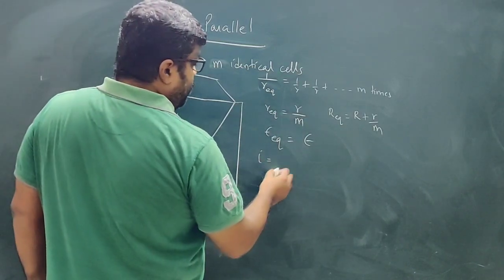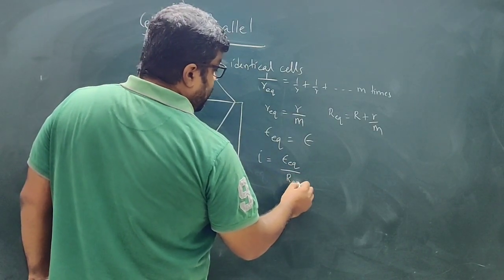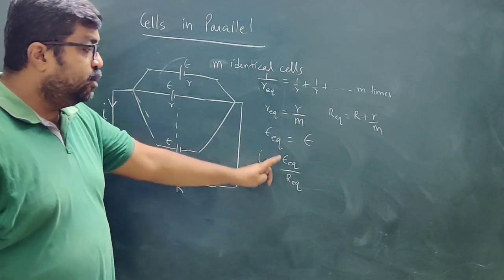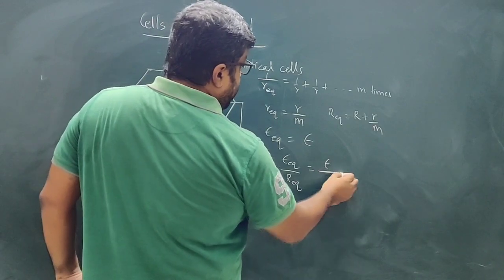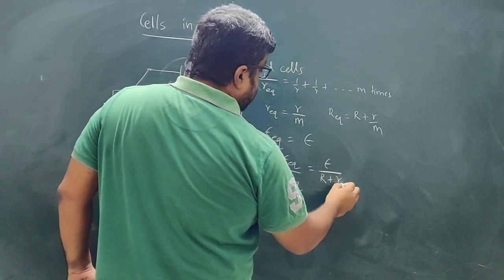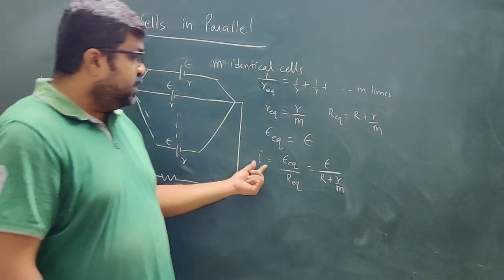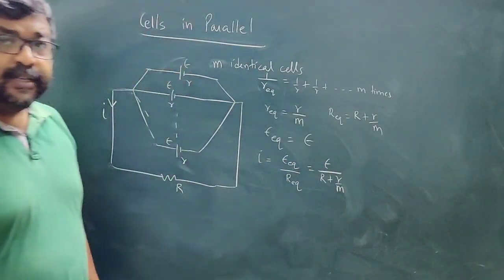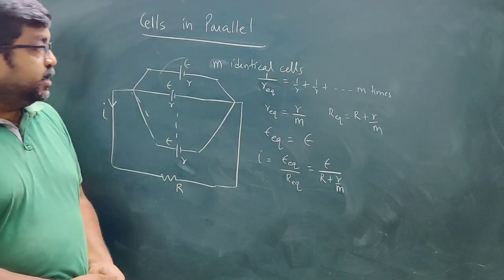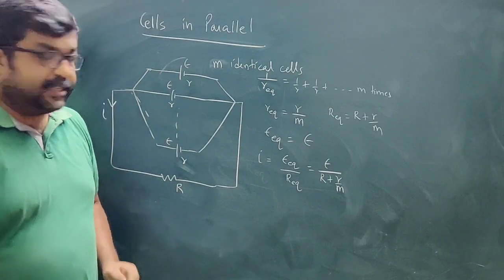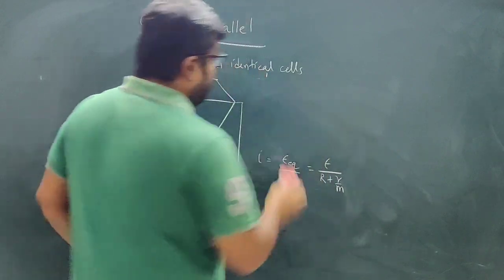I will be equal to E equivalent divided by R equivalent, current equal to voltage by resistance. So this is equal to E divided by R plus R by M. This is the net current flowing through this resistor.